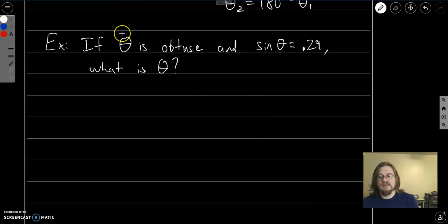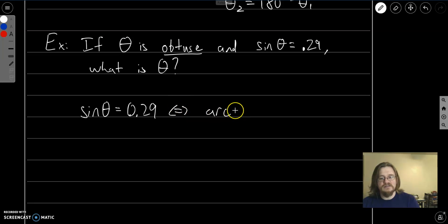Let's say that theta is an obtuse angle, so it's between 90 degrees and 180 degrees. It opens more than a right angle. And we know that the sine of that angle is 0.29. What is theta? Well, I might start this by going, okay, I know that the sine of theta is equal to 0.29, and this should mean that I want to take the arc sine, right?